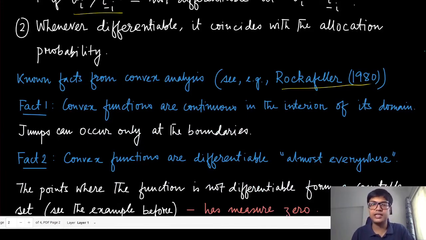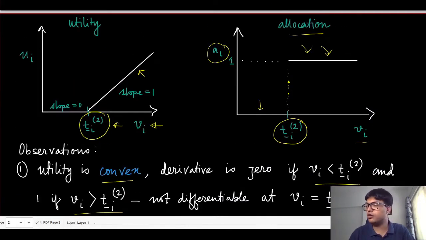So which means that whenever you are talking about functions which are convex, you cannot have jumps within the domain of this function. So what can happen is, if a function has, let's say, a domain from here to here, there can never be any function which has a jump inside this, because then you can actually have some sort of a chord joining these 2 points, which is below the curve at some point.